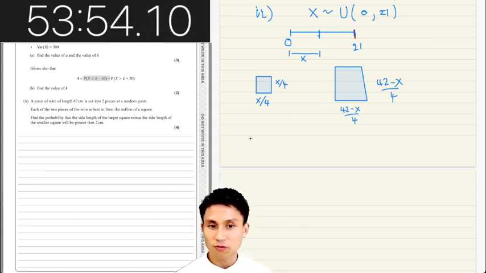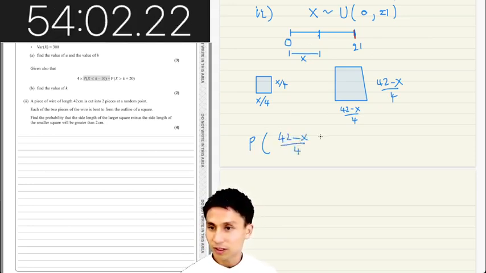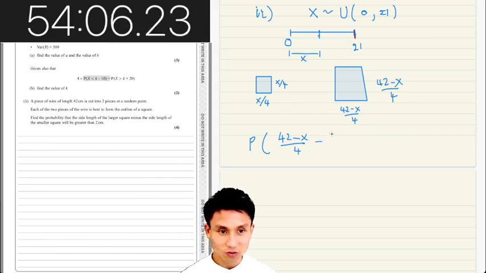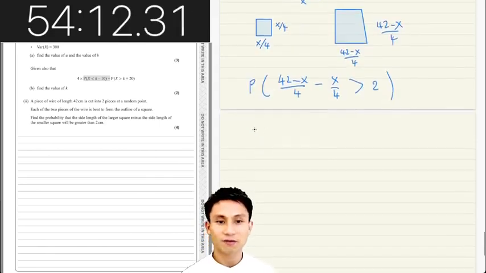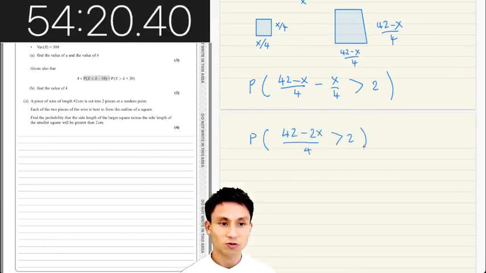Okay, so we want the probability that the larger square's side length minus the side length of the smaller square, x over 4, is greater than 2. So we need to derive that. If we merge the fraction, it would be 42 minus 2x over 4 greater than 2, right?